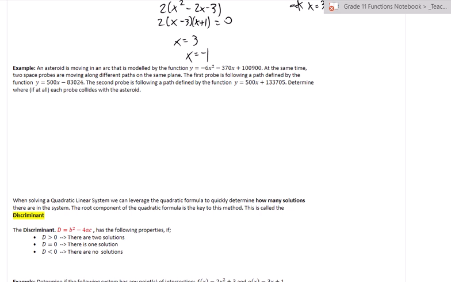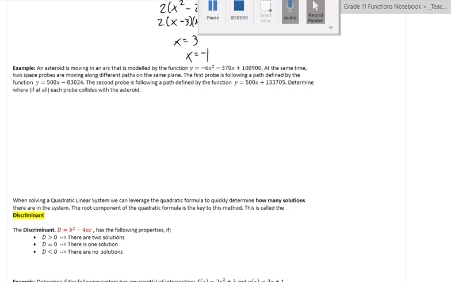The first probe is following a path defined by the function y equals 500x minus 83,024. The second probe is following a path defined by the function y equals 500x plus 133,705. Determine where, if at all, each probe collides with the asteroid.